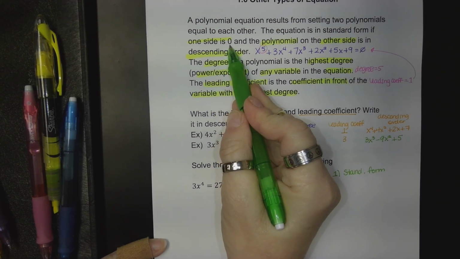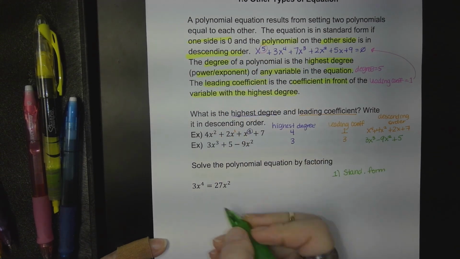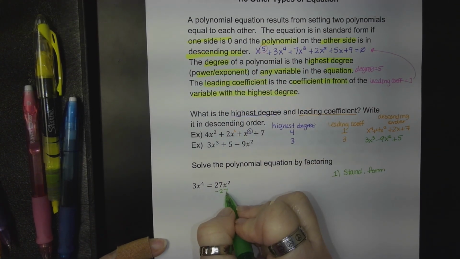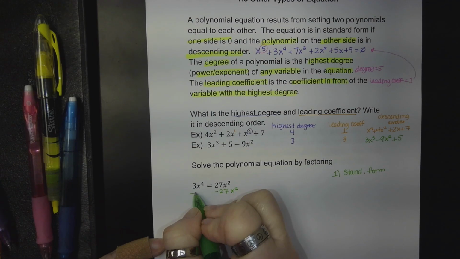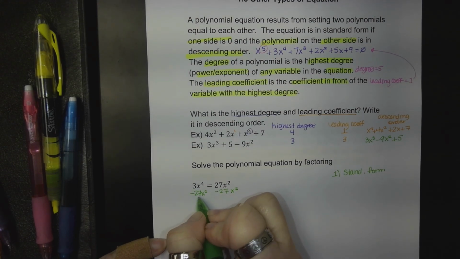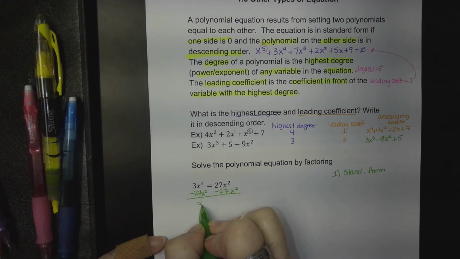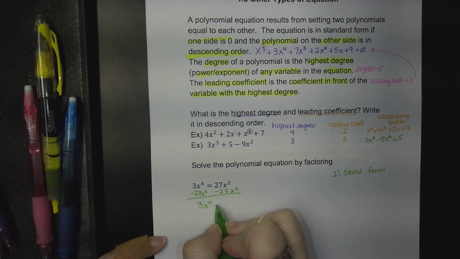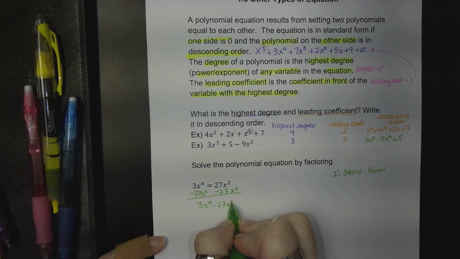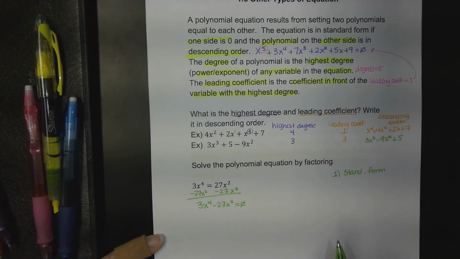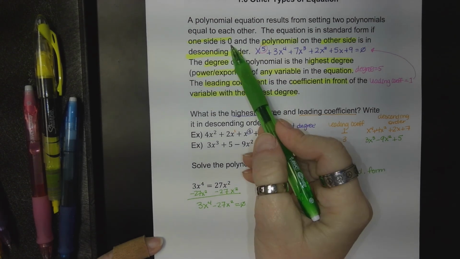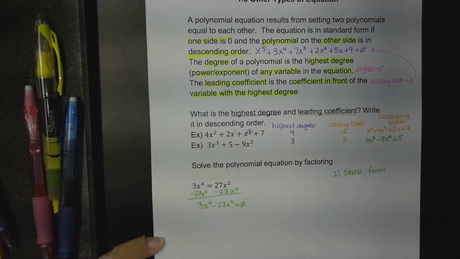We want 0 on one side and the polynomial in descending order. So let's subtract 27x squared. What you do to one side you do to the other. So we're going to have 3x to the 4th minus 27x squared equals 0. Okay. So we have 0 on one side, descending order on the other, so we're perfect there.